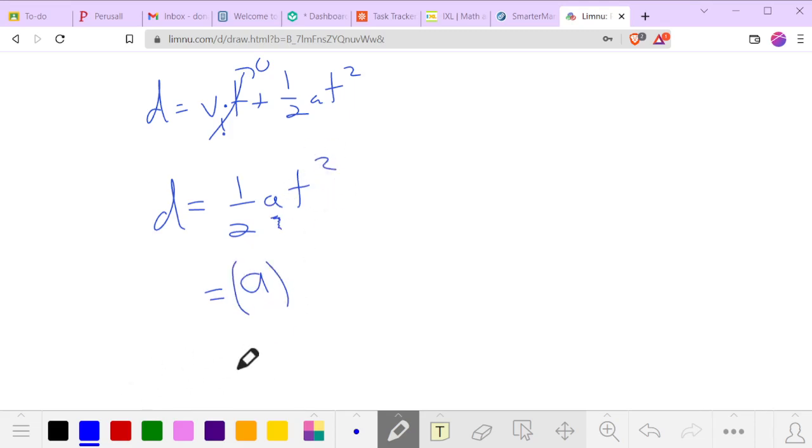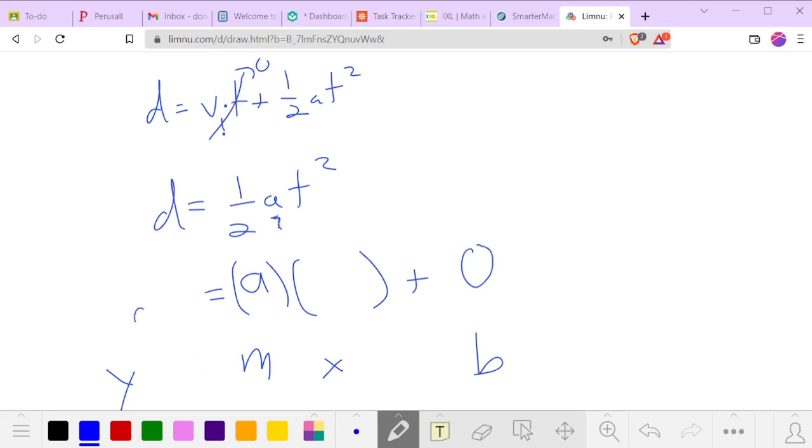It's attached to a variable, so it cannot be the y-intercept. So in our y equals mx plus b form, with no v_i, and frankly, even if we had a v_i, that would break everything, because that's not constant. We have no constant being added here, so our b is 0.